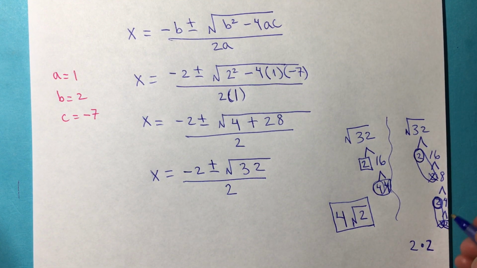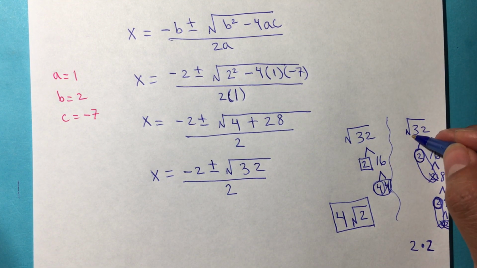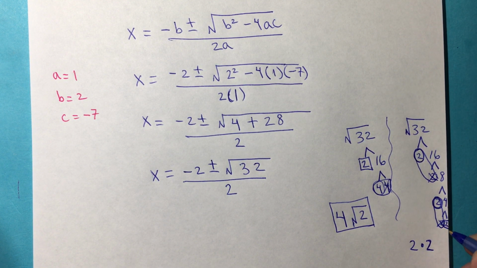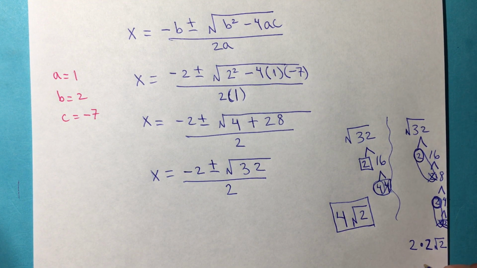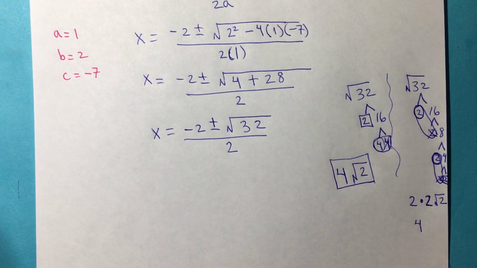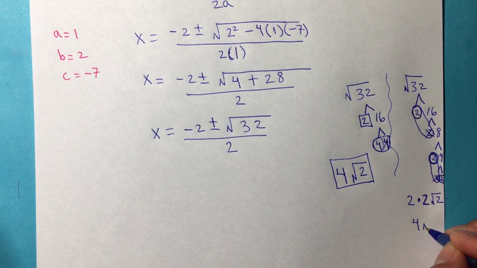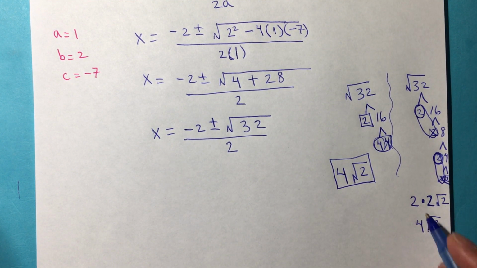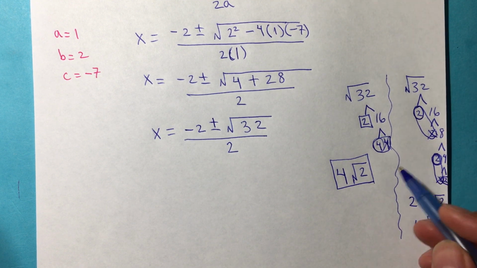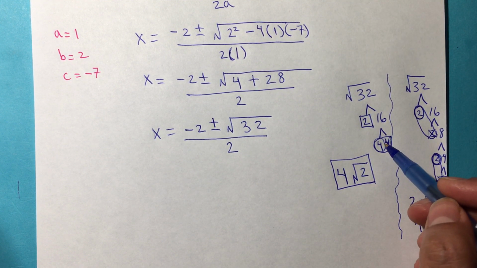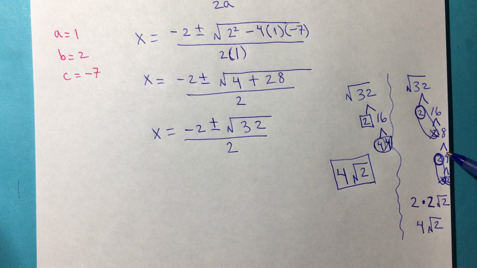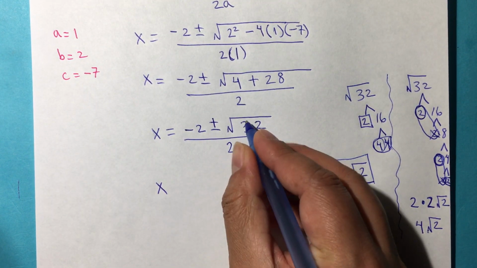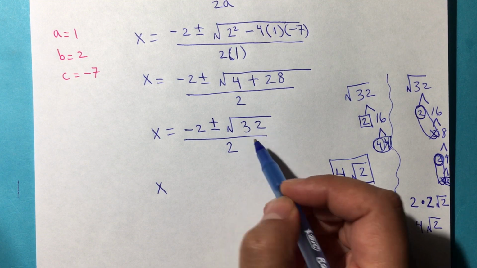Remember, from each pair, you get one out of the square root. And the lonely one stays inside. And 2 times 2 is 4, square root of 2. Okay, so whichever way you want to, if you see the pair already from here, you can just immediately simplify that section, or you can continue to do prime factorization all the way. Now, that's the answer for the square root of 32.